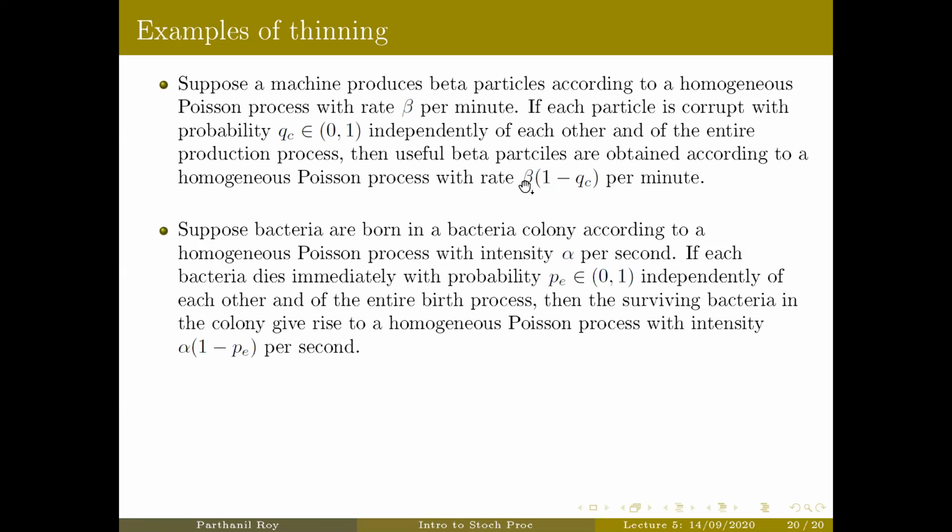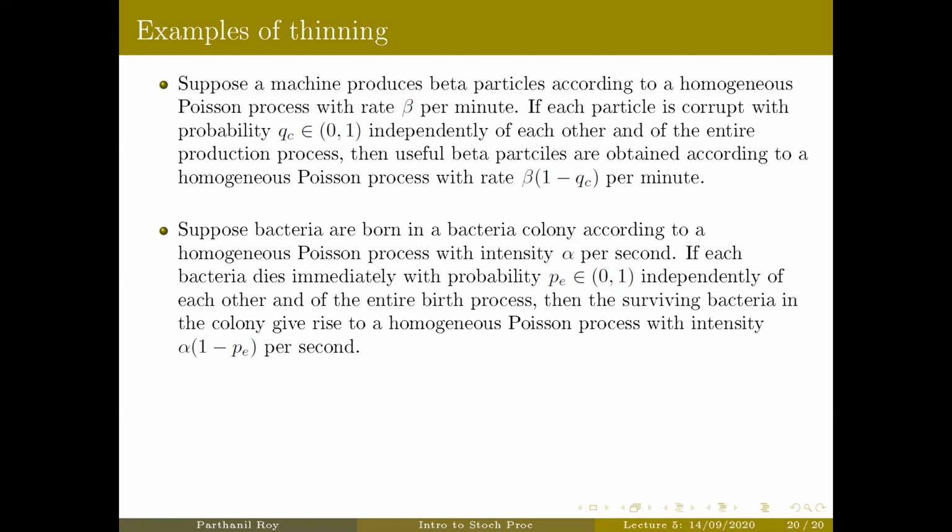Here is an example from biology. Suppose you have a bacteria colony. The bacteria are born according to a homogeneous Poisson process with intensity alpha per second. If each bacteria dies immediately with probability PE, independent of each other and of the entire birth process, where E stands for extinction, then the surviving bacteria in the colony give rise to a homogeneous Poisson process.